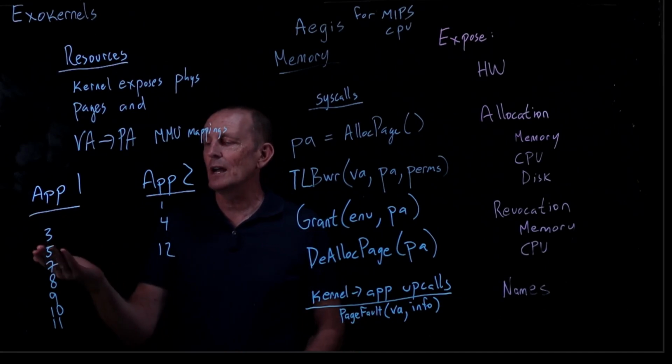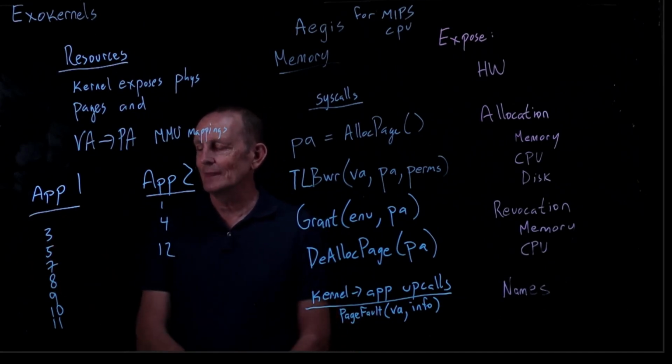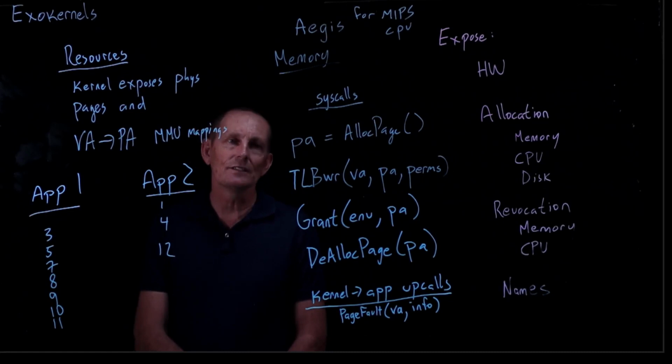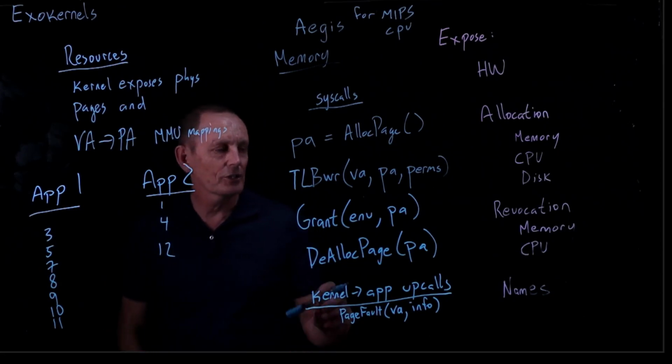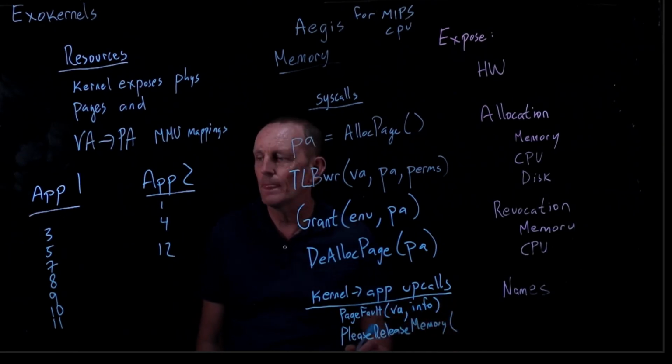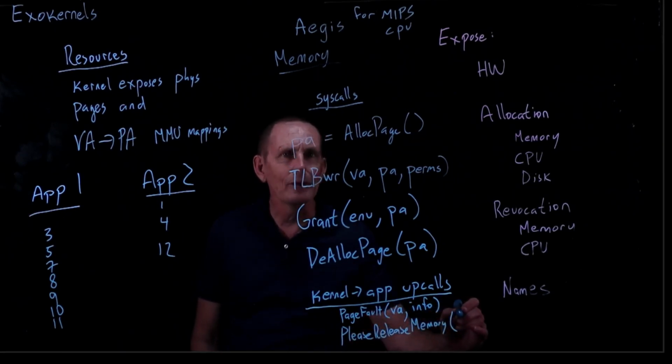Application 1 may realize that one of these pages is, let's say, an executable page that's not dirty, and so it's a better one to get rid of than some other page, or that it's easy to recreate the contents of this page. So what the kernel will do is ask the application to please release memory, and it'll ask for the amount to release.